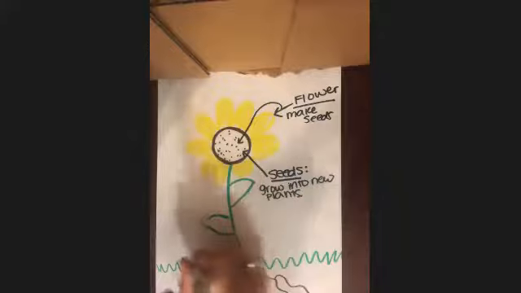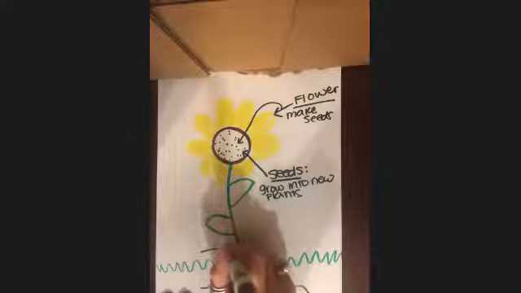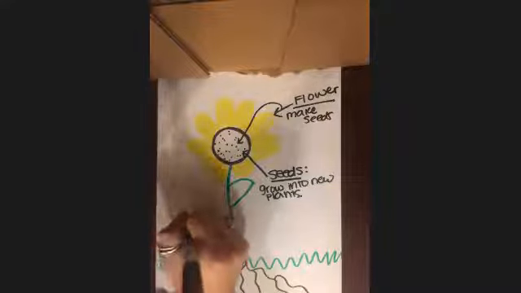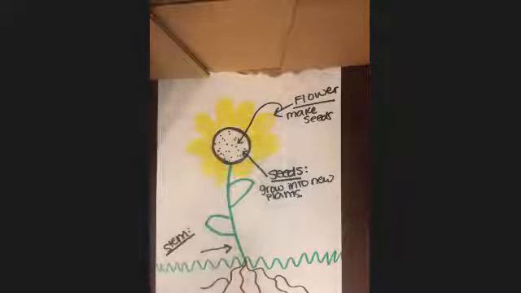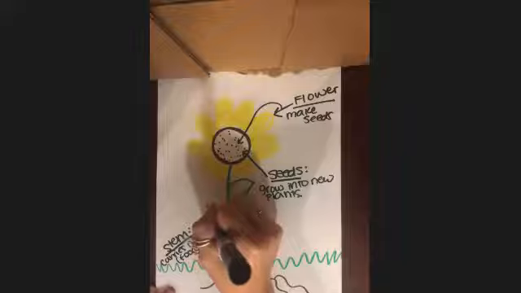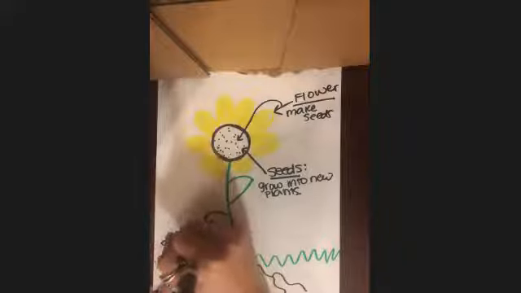So this hardy part right here, we call that the stem. Now the stem does a lot of different things for the plant. It carries nutrients, or food and water, to the plant.